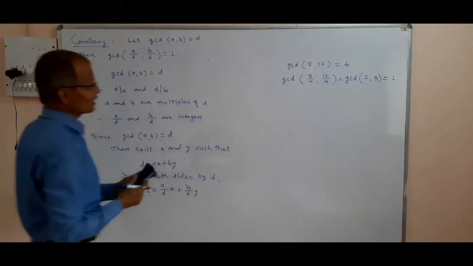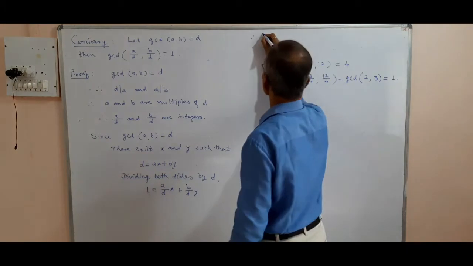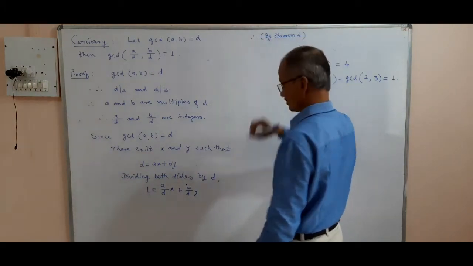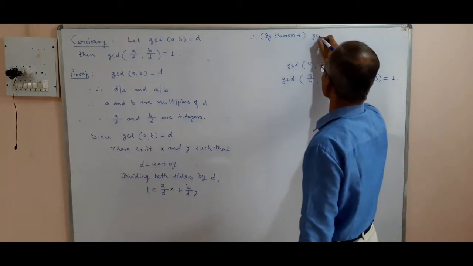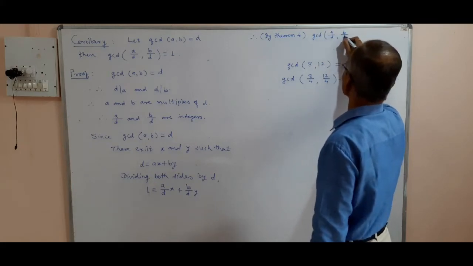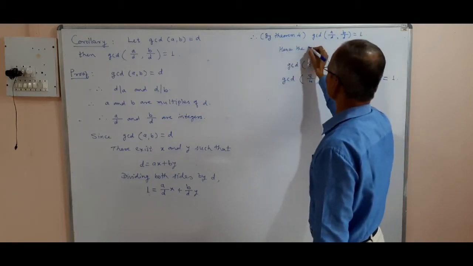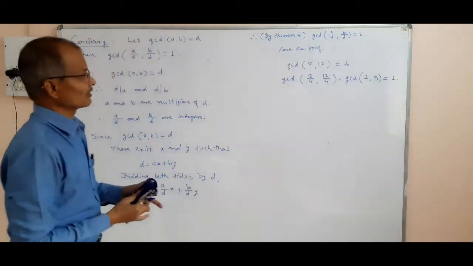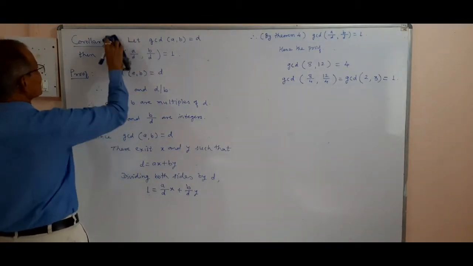So this shows by theorem 4, for your reference, GCD of A by D and B by D is equal to 1. Hence the corollary. So the illustration is this one. Now we consider this as corollary 1, and now we shall consider corollary 2.